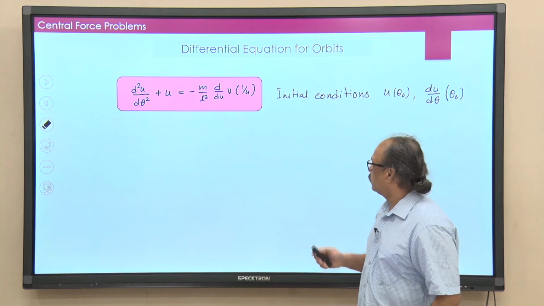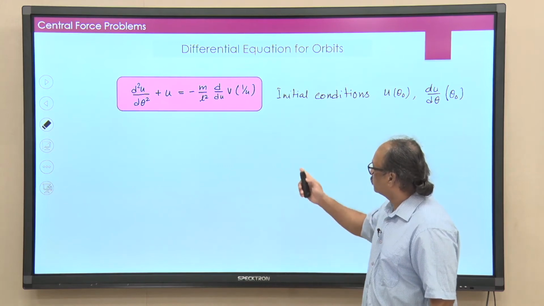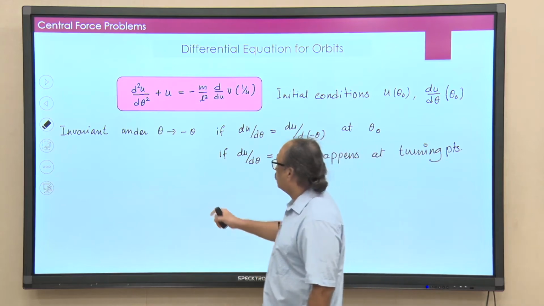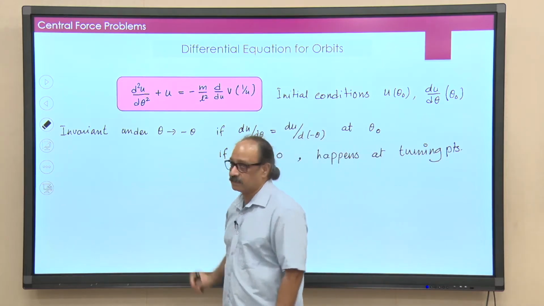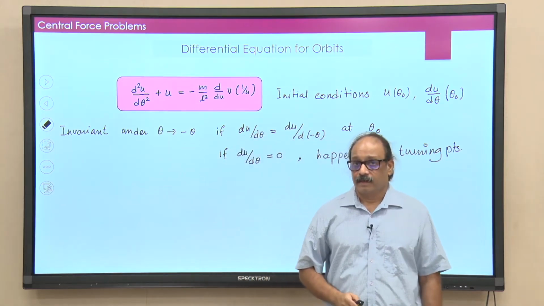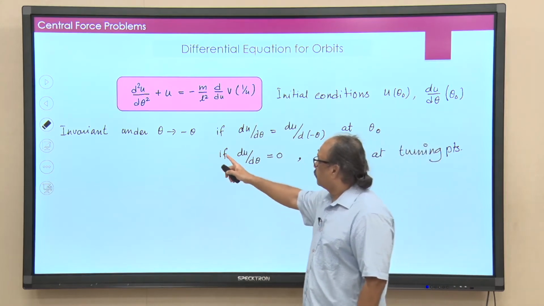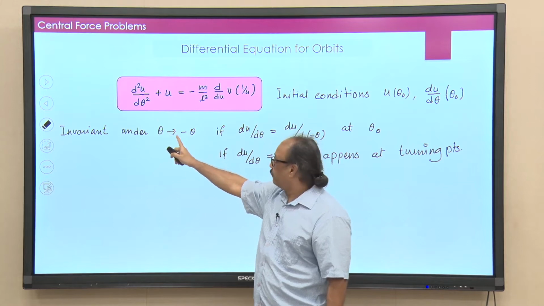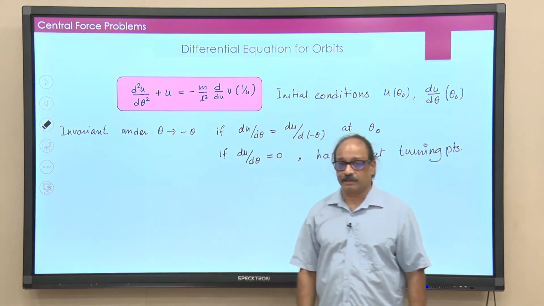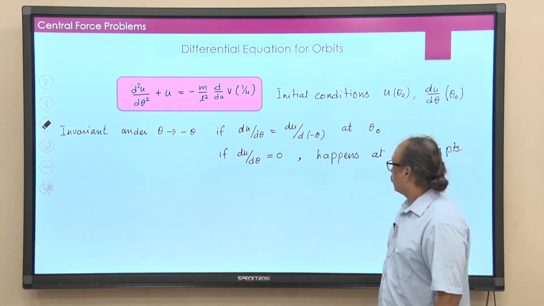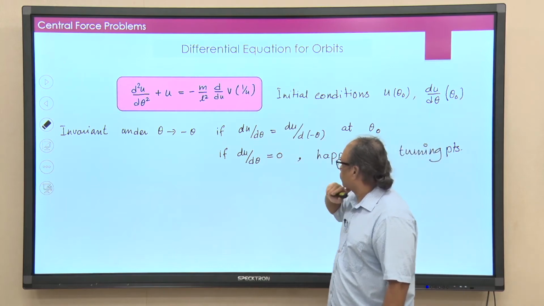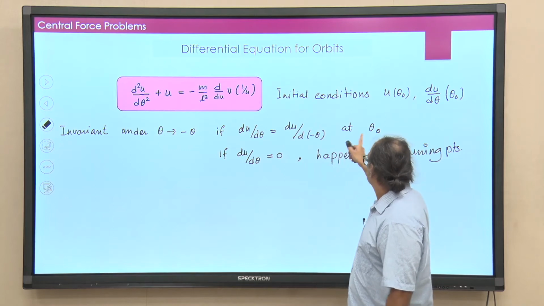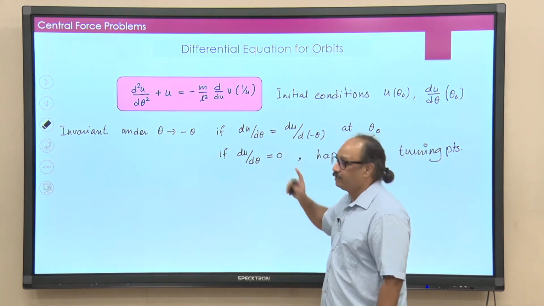But what you notice here is that this equation is invariant under the transformation theta going to minus theta. What does that mean? The solution that you obtain here will be invariant under such a transformation. But what will happen to the initial condition? Du by d theta, of course, will not be invariant.